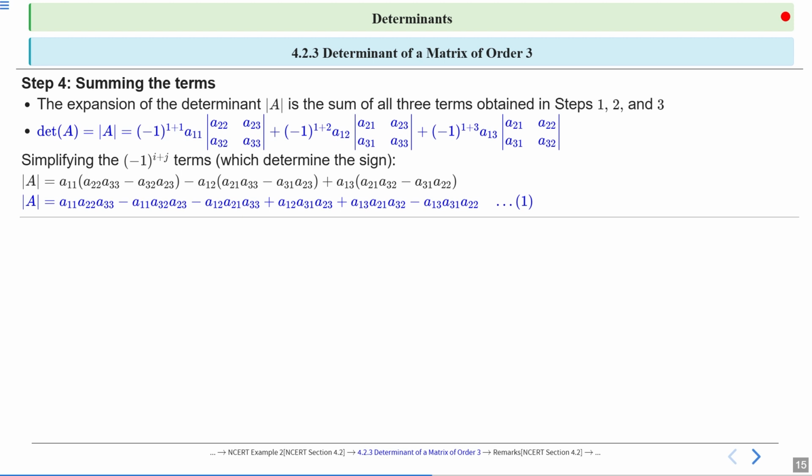So determinant A is equal to A11 A22 A33 minus A11 A32 A23 minus A12 A21 A33 plus A12 A31 A23 plus A13 A21 A32 minus A13 A31 A22. That is the determinant of a 3 cross 3 matrix.